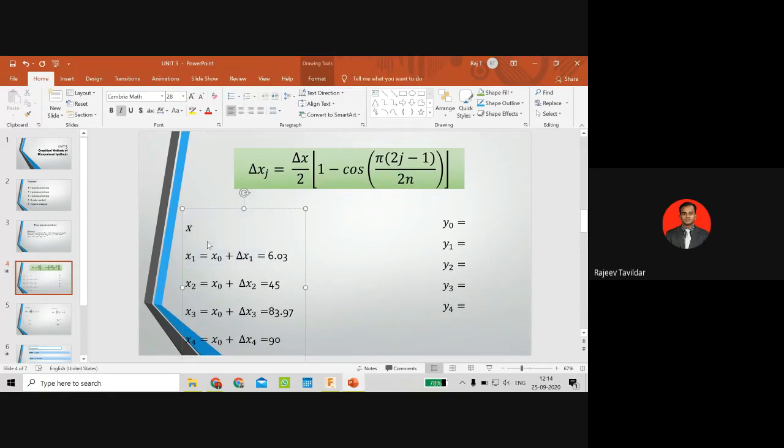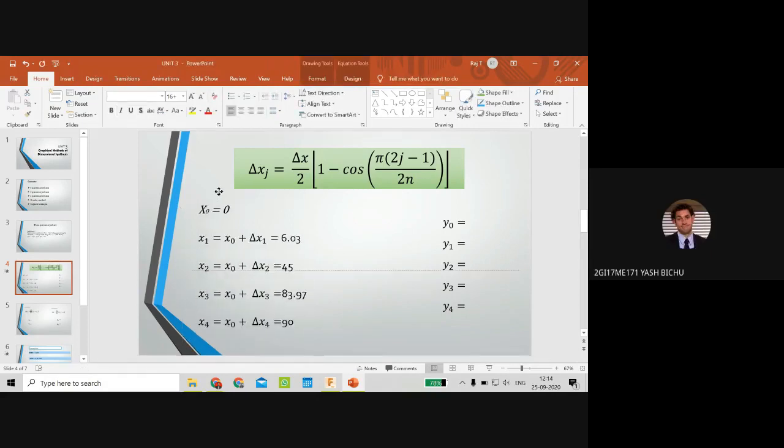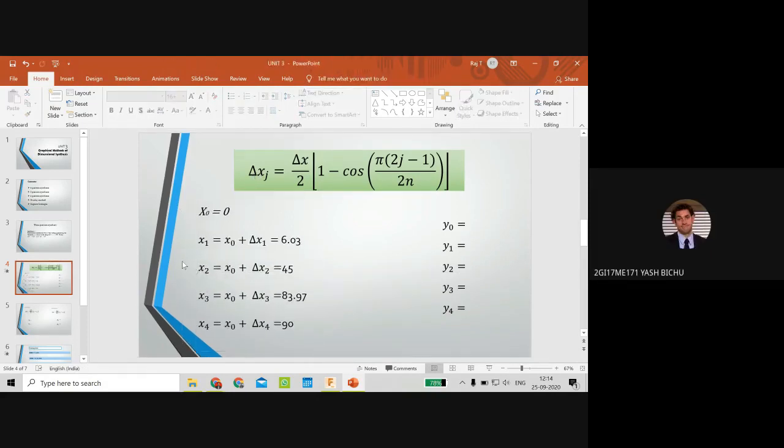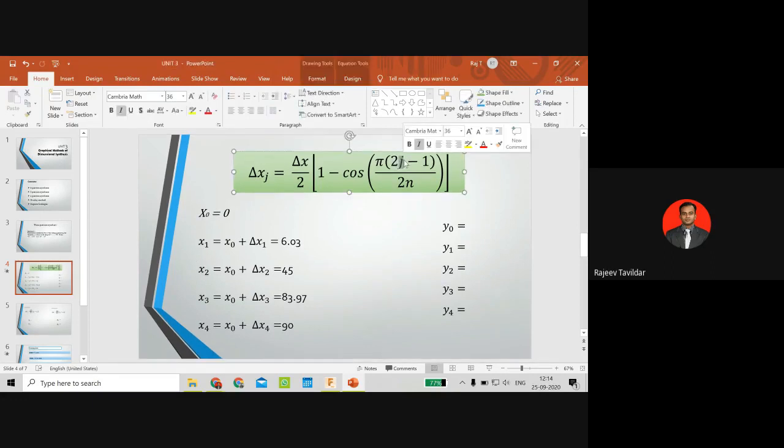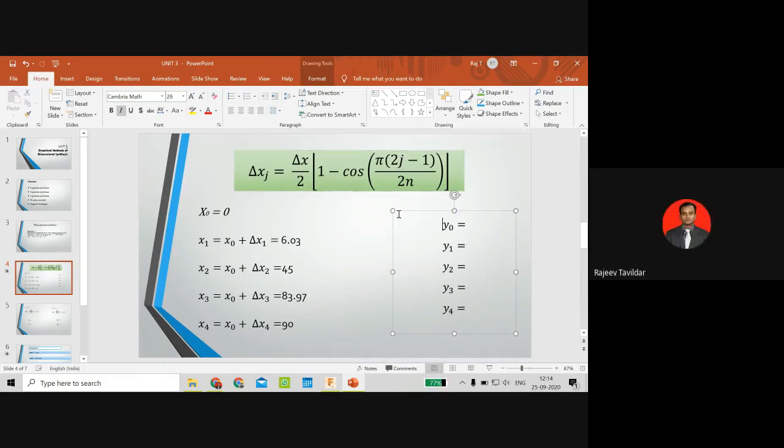I'll also write x0 over here, which will be equal to 0. So delta x4 we are getting the same as x3. How can it be the same? When the value of j changes, j has to become 4, no? So then the value has to change.